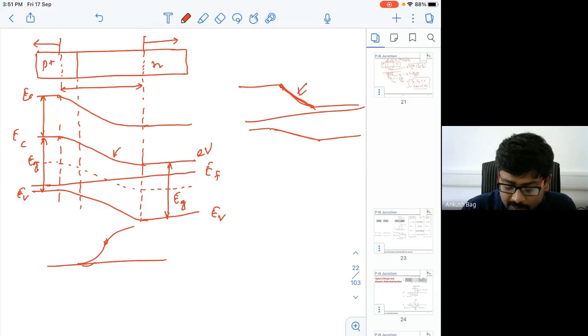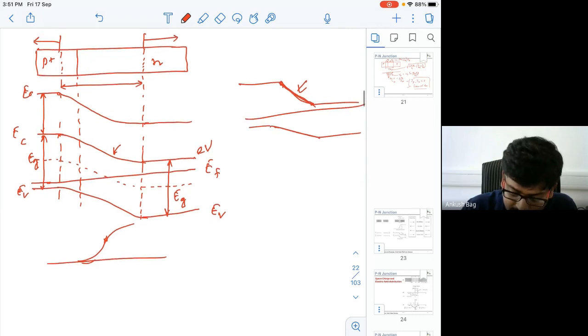Because if we integrate the electric field, which has a constant slope, we get a parabola. So these are all parabolic variations.